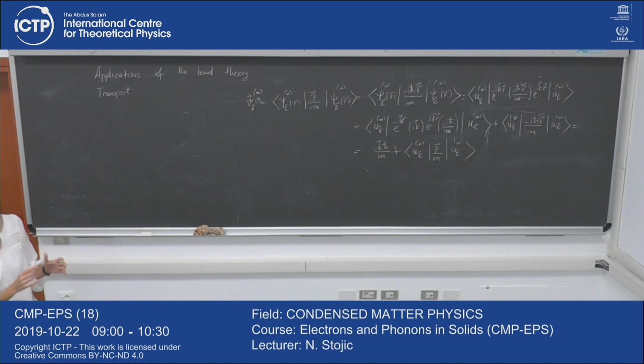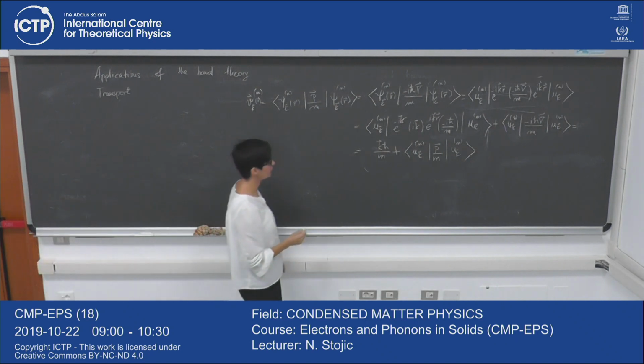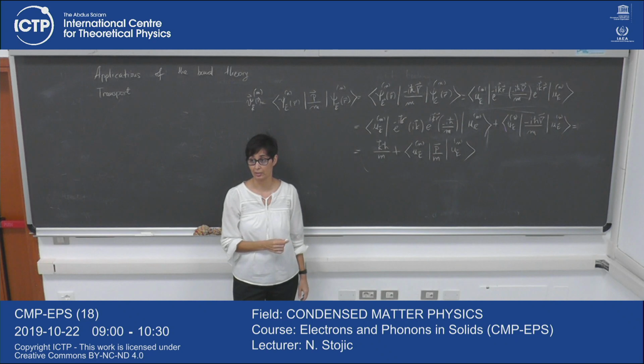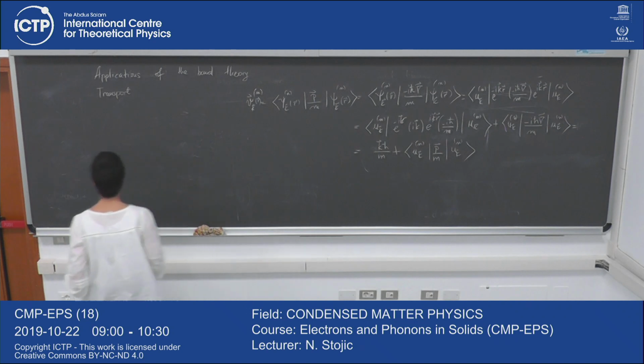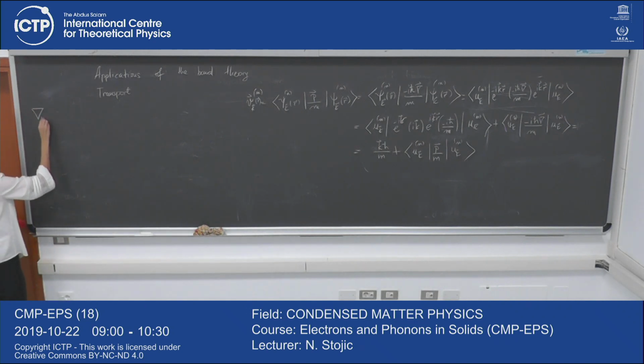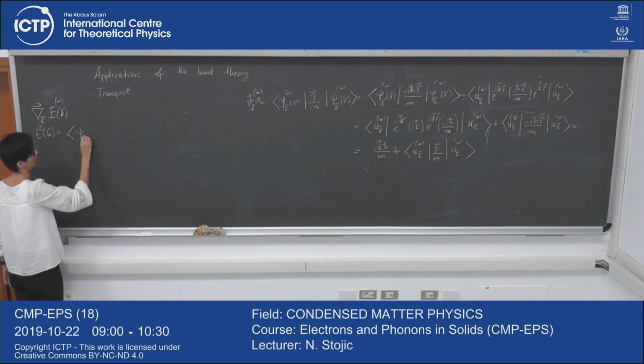Now you have to trust me that it will be useful if we evaluate the gradient of energy in k. It will become clear after we get it. So I want to find the gradient of energy of the band. But before that, the energy is the expectation value of the Hamiltonian.